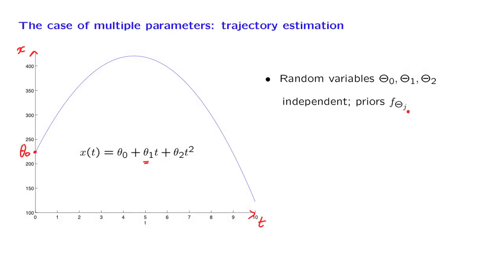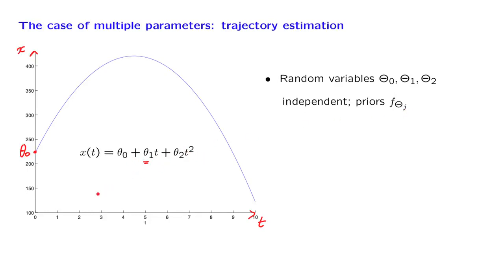If, for example, you know where is the person that's throwing the ball, if you know their location within, let's say, a meter or so, you should have a distribution for theta naught that describes your state of knowledge and which has a width or standard deviation of maybe a couple of meters. So the priors are chosen to reflect whatever you know about the possible values of these parameters.